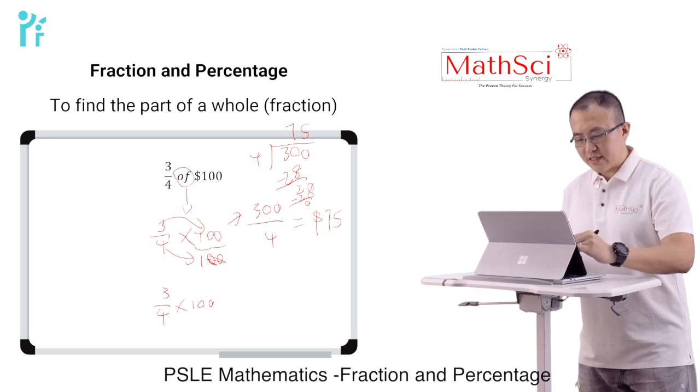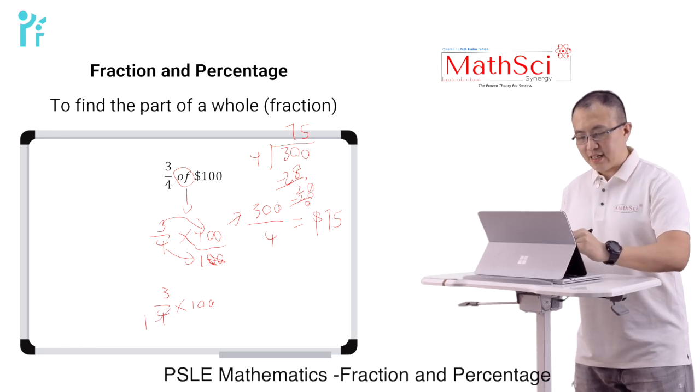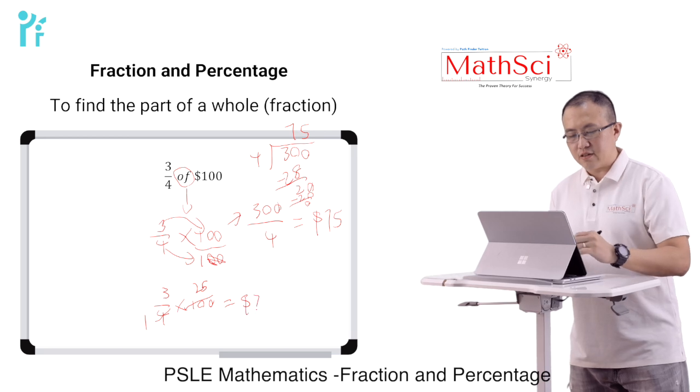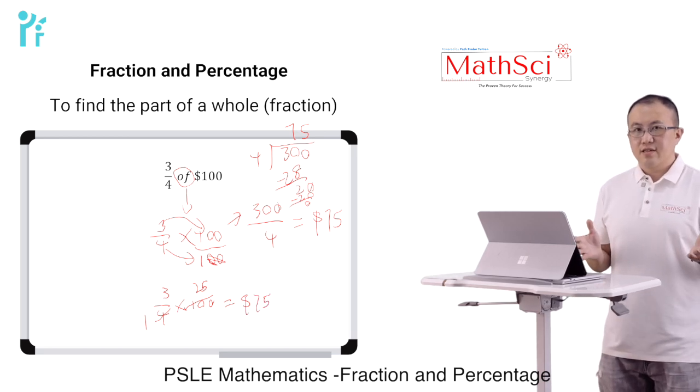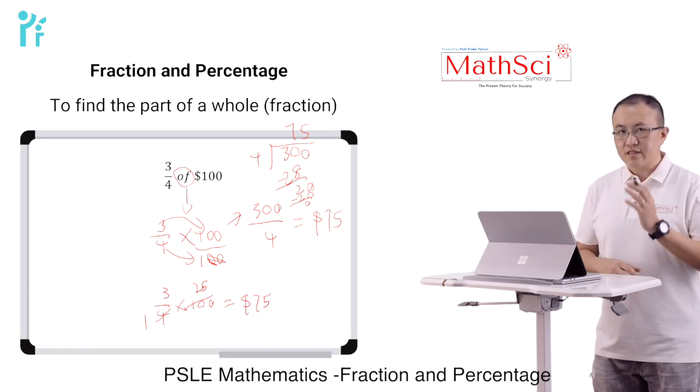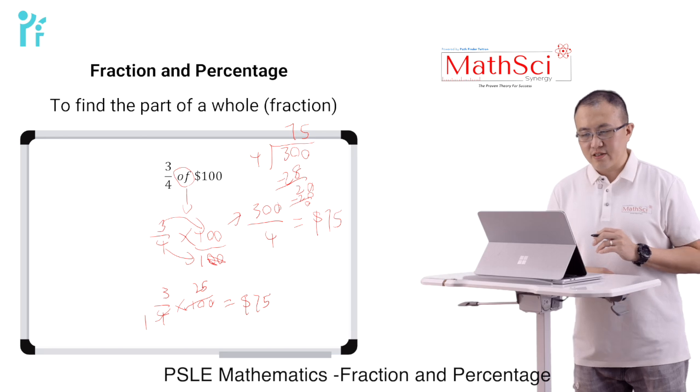If I do a cancellation, I'm dividing 100 by 4, so I'll get 25. Then we still get the answer, which is $75. So both ways work, right? The second way is in fact the preferred way, although some people don't prefer cancellation, but this is the faster way to do the question.